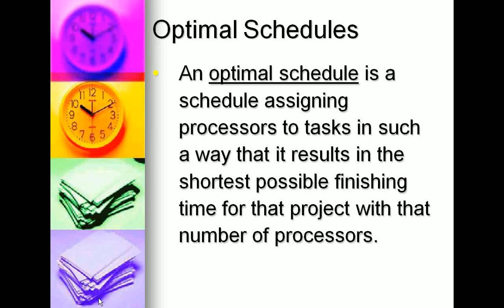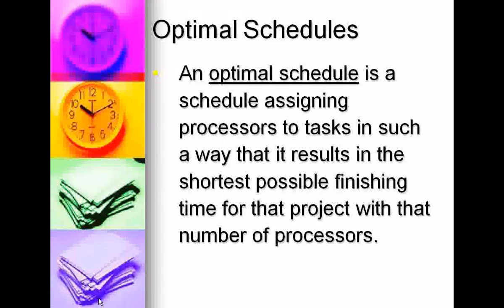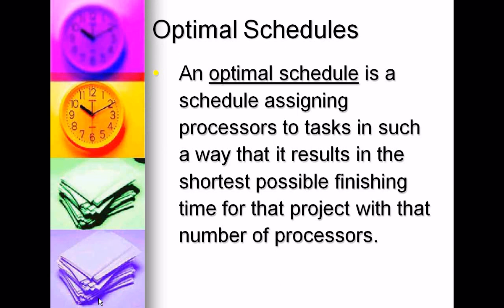Optimum schedule is the best result possible. So we actually have 2 answers for optimal schedule. If the completion time of the entire project is equal to the critical time, then you know for certain that you have an optimal schedule.